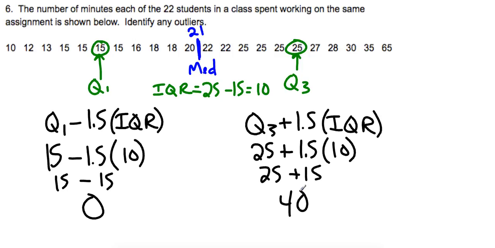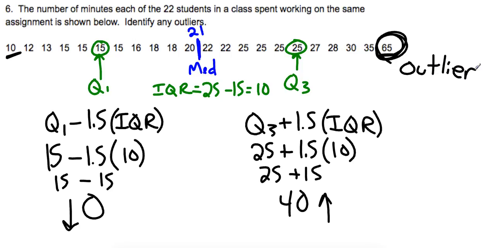If there's any numbers in our data set that are below 0, that's an outlier. We look at our data set and 10 is our smallest number, so obviously we don't have anything below 0. We look at the other one. If any of our numbers is above 40, that's an outlier. Out here we had one student who spent 65 minutes. Since that's above the 40, we would consider the 65 to be an outlier. This person took significantly more time than the rest of the classmates on this.